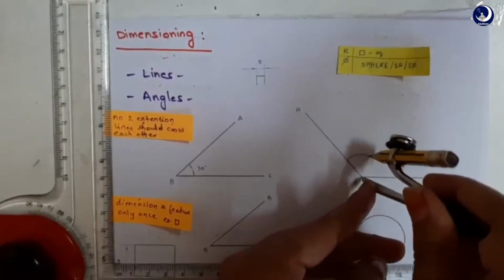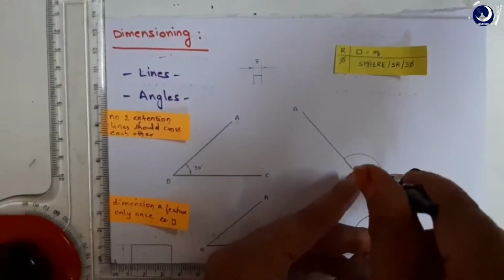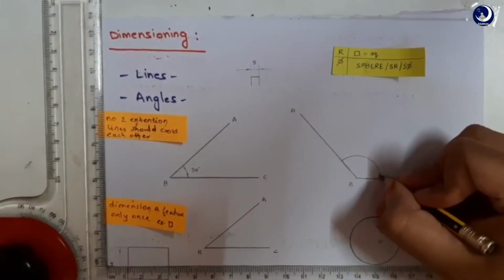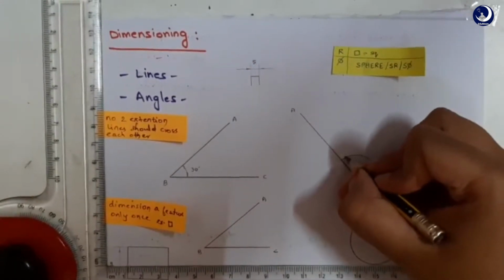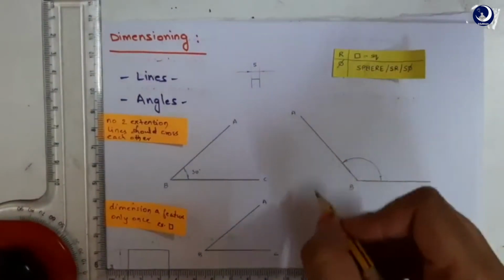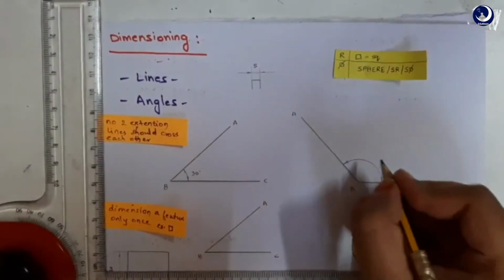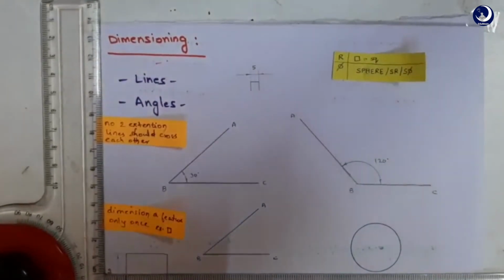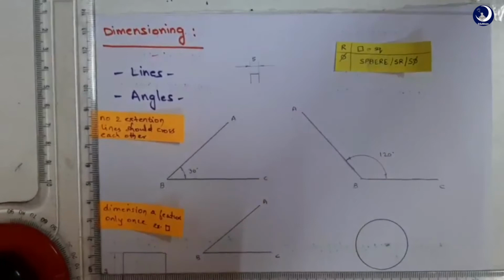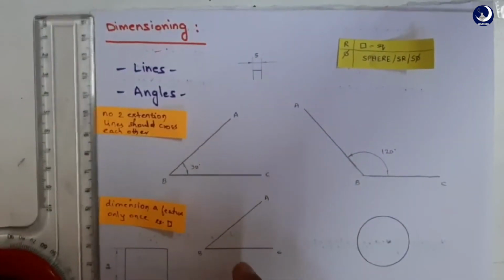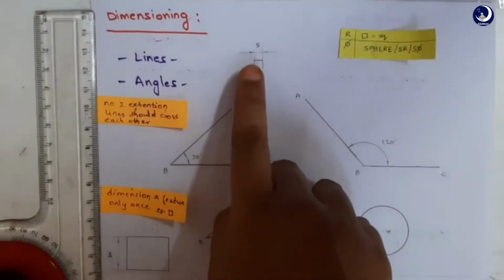We are just drawing an arc using a 2H pencil and we're placing arrowheads at its ends. There is no need of extension lines while dimensioning angles. Acute angles can also be dimensioned similar to this.